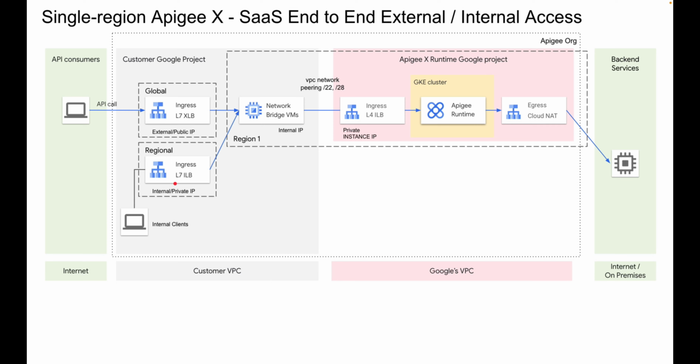In that case, internal clients, internal to your Google Cloud project, can use this internal load balancer to access, the same way that we described before through a bridge VM, as an example, the different APIs exposed at the Apigee runtime level.